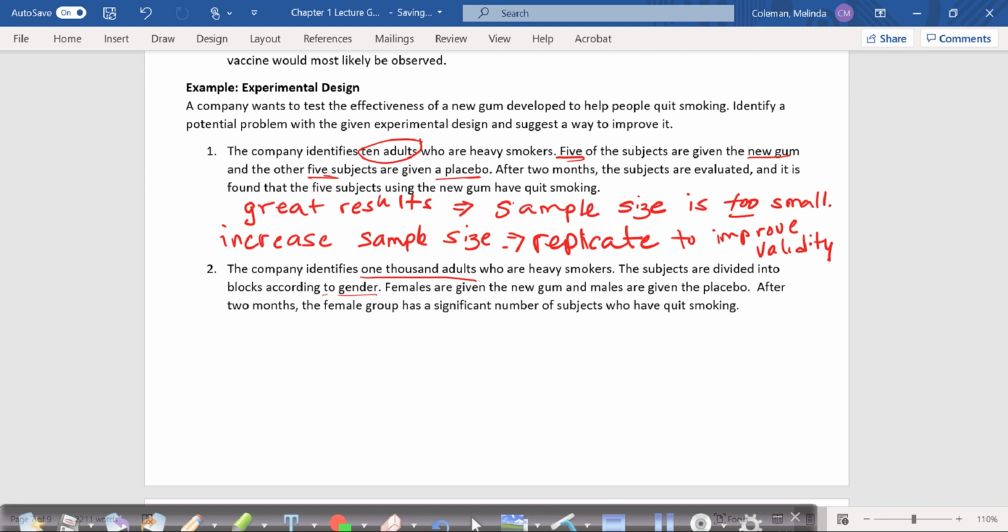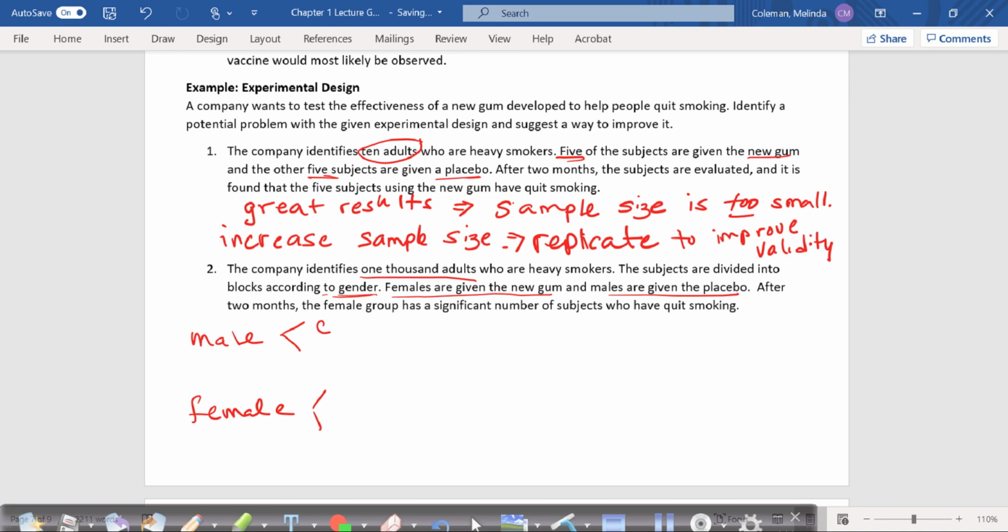So again, 1,000 adults, so that's better. They're split into blocks according to their gender. The problem here, though, is that the females are the only ones given the gum, and the males are the only ones given the placebo. So what's going to be hard to say is, does the gum really help everyone, or does the gum only help females?